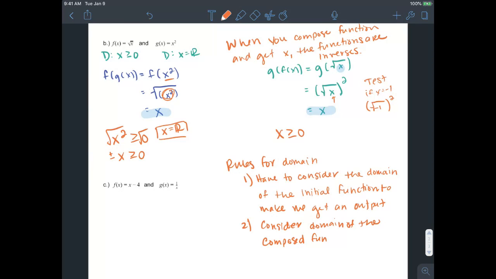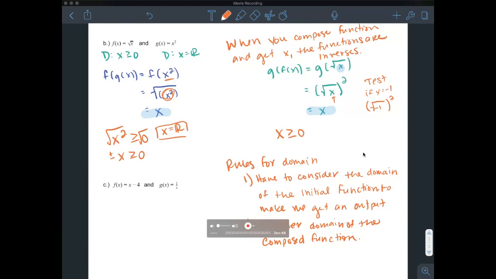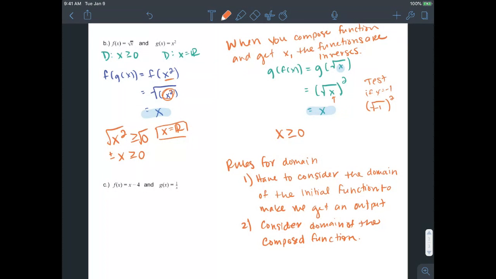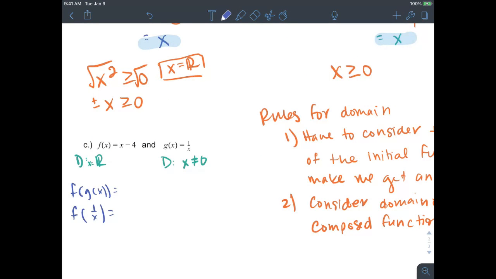So the overall function. So two places that you have to look for domain restrictions: in the initial function and in the composed function. What I want you guys to do next is try problem C, and then I will go over it. Okay, I got started.